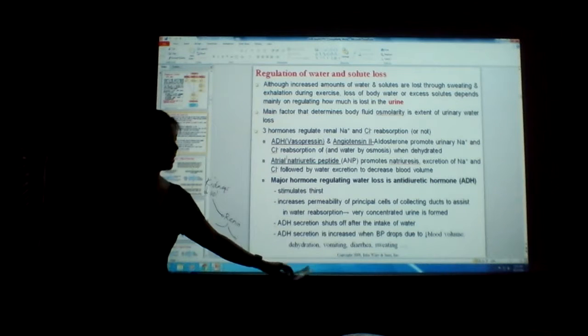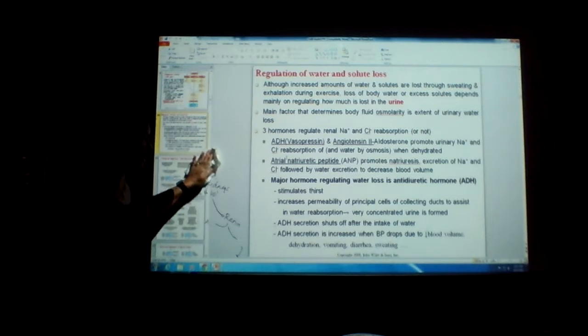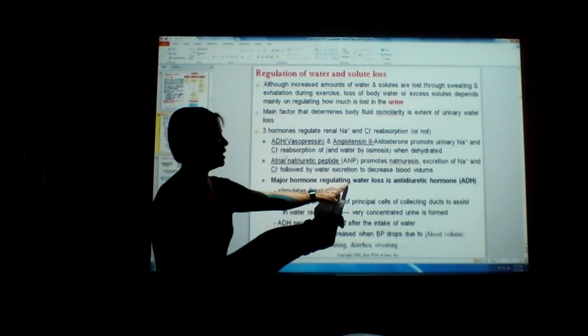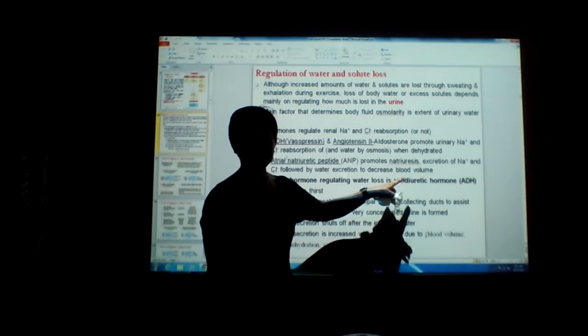So, in addition to the nervous system that triggers your thirst, you interpret it as thirst. At the same time, your endocrine system is also already working in the background just to make sure that you keep the water volume. So this is what happens when you're dehydrated. Okay? Don't forget the major hormone regulating water, and it makes sense, right?